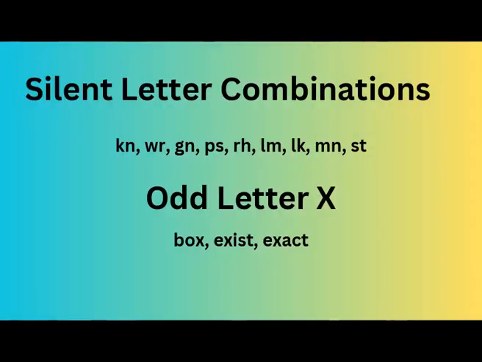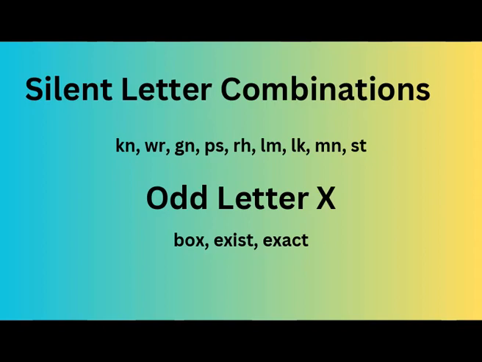Then we've got silent letter combinations, which is a letter combination where one or more letters is silent, but another letter represents the phoneme. Most of these are Greek or Anglo-Saxon derivation. So let's think of the word knock, right?